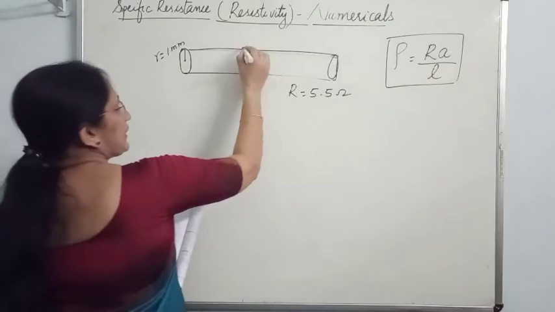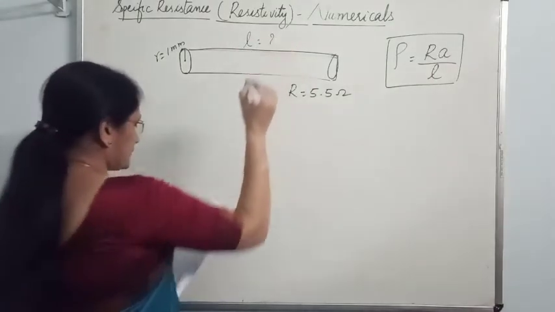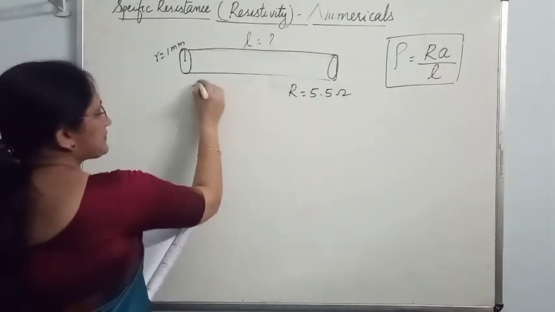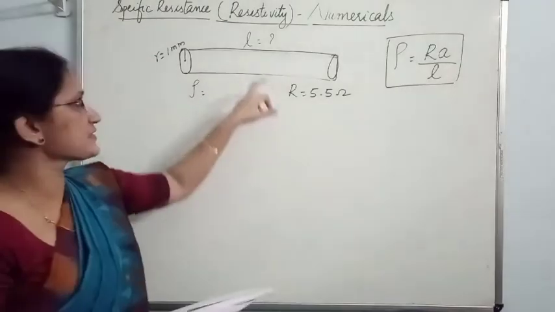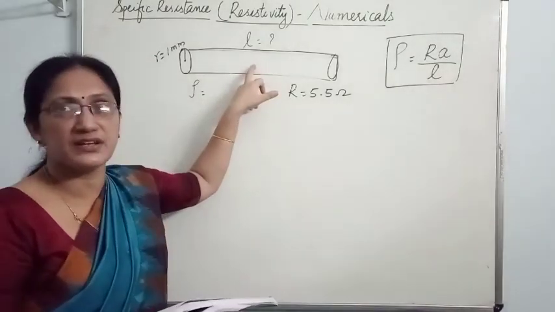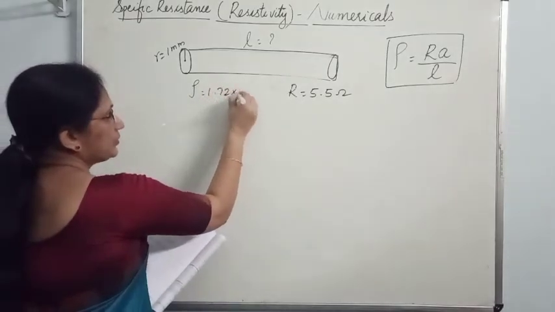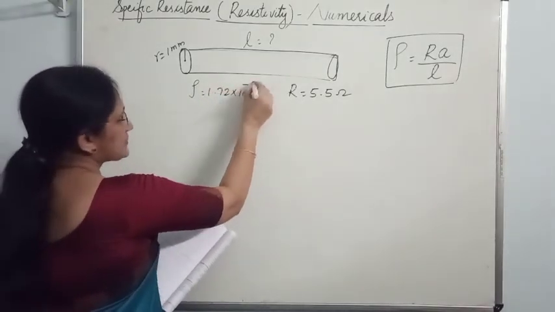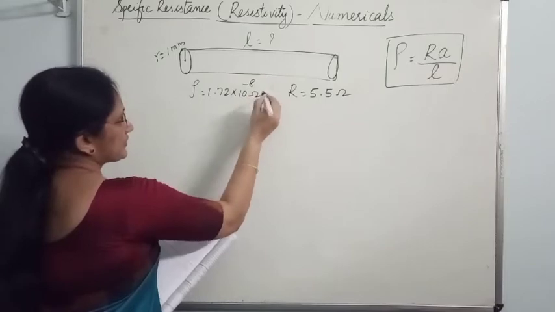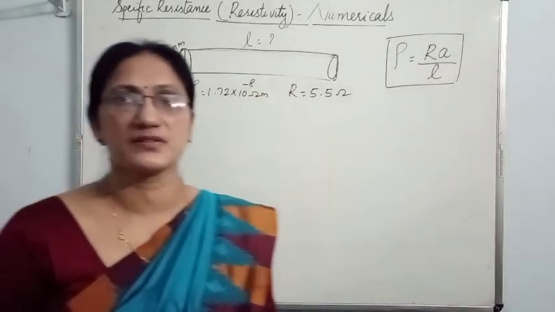And you are asked to find out what is the length of this wire and its specific resistance. Specific resistance or resistivity of this material is given as 1.72 into 10 to the power minus 8 ohm meter. That is the specific resistance value.